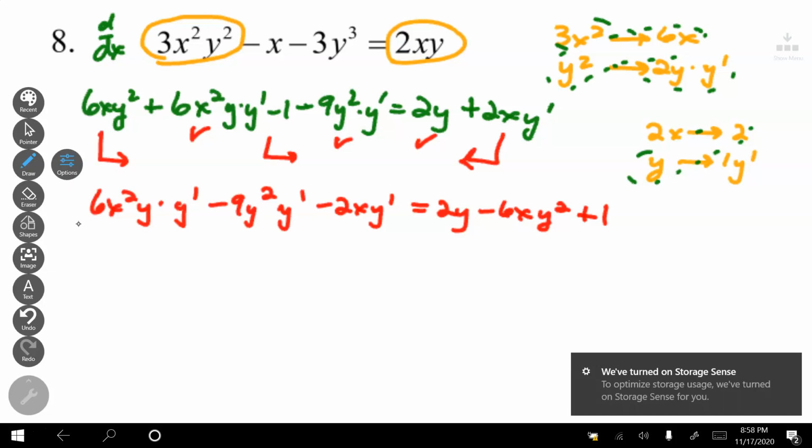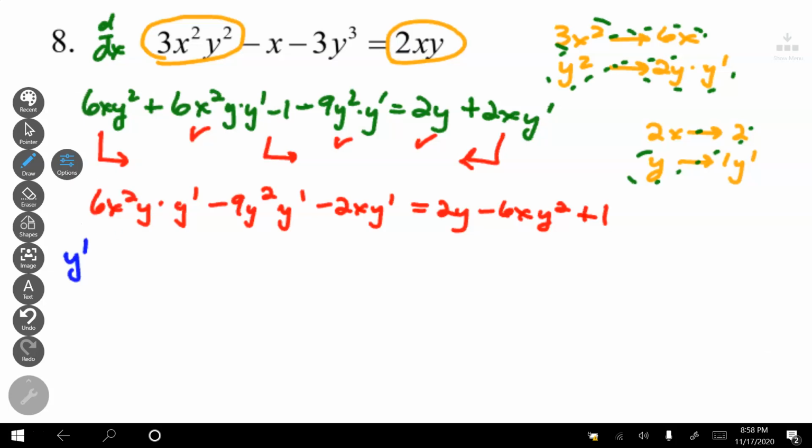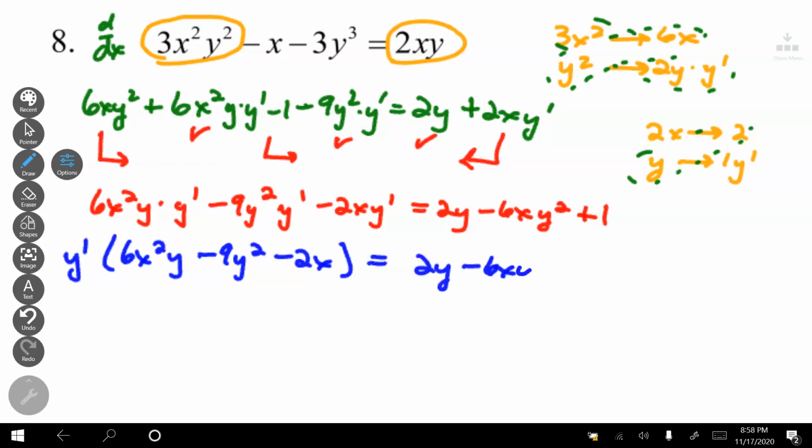And then I could take out a y prime, and I get a 6x squared y minus 9y squared minus 2x is equal to 2y minus 6xy squared plus 1. And then I can divide by this whole thing, and I get my dy. Well, I'm going to use a different color.